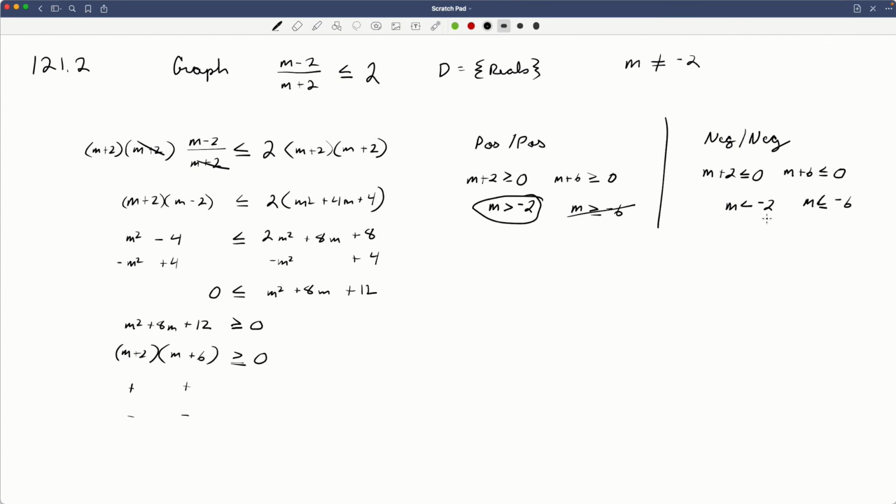And any number that is less than negative 6 is certainly less than negative 2. So that means we can use this value set right here, right? But we cannot include the negative 2 here. We're not going to do that. So this cancels.